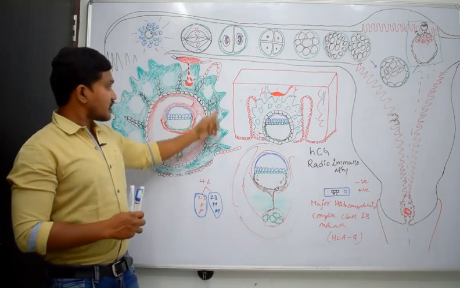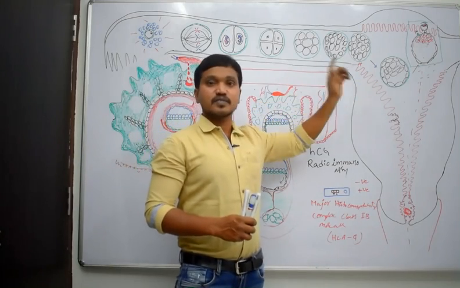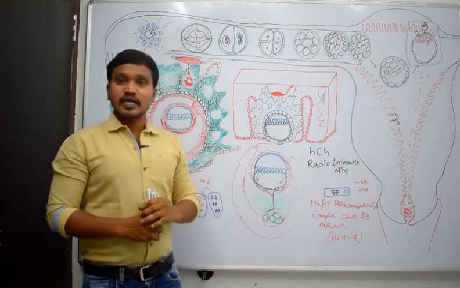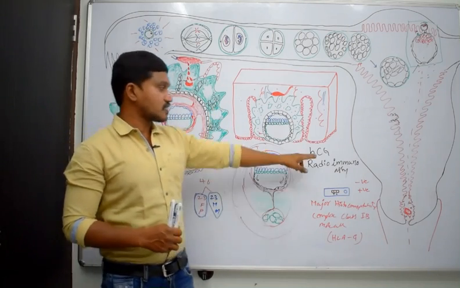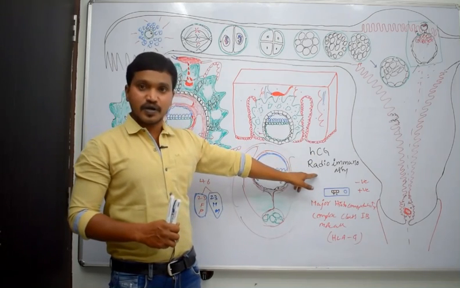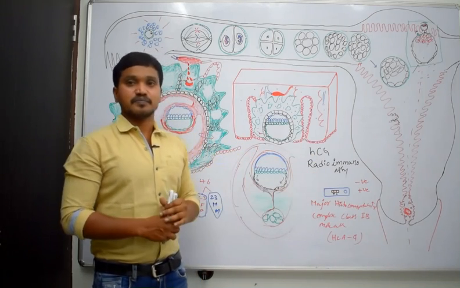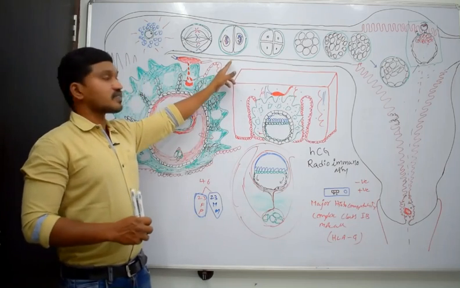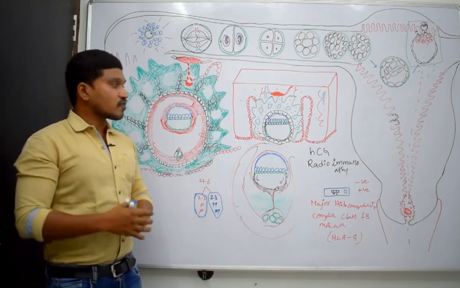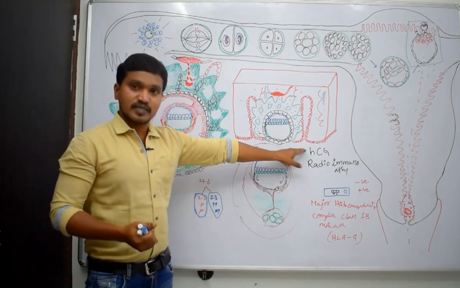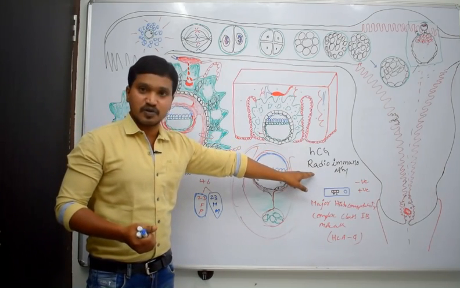See, if there is normal pregnancy, that means within the uterine cavity, this conceptus can produce a sufficient amount of HCG to be recognized by the radioimmunoassay. But if it is implanted within the fallopian tube, there will be a smaller amount of HCG production that cannot be recognized by the radioimmunoassay.